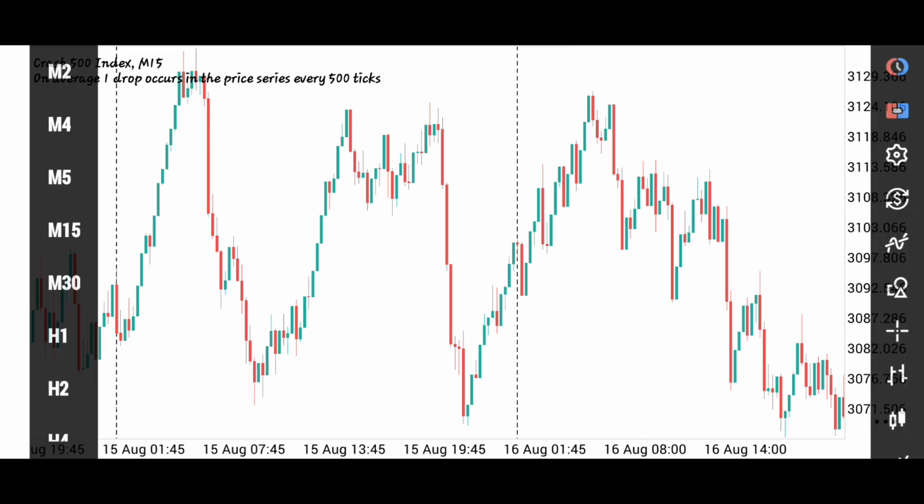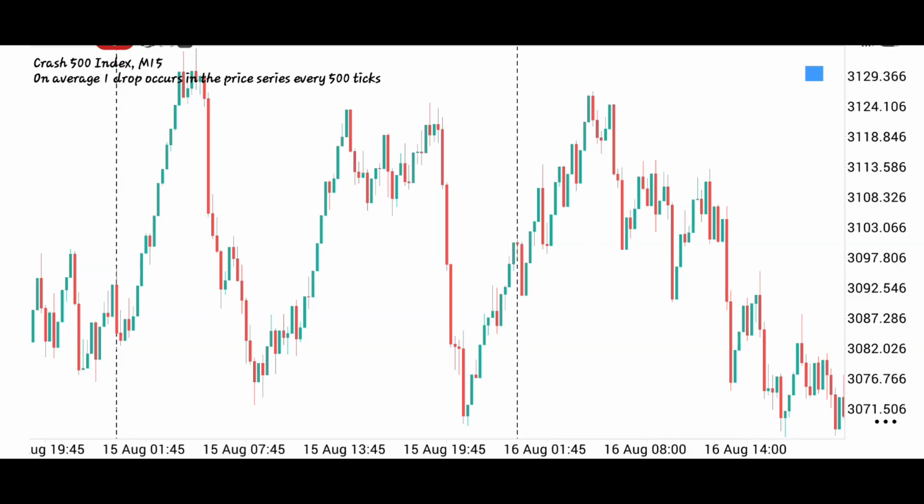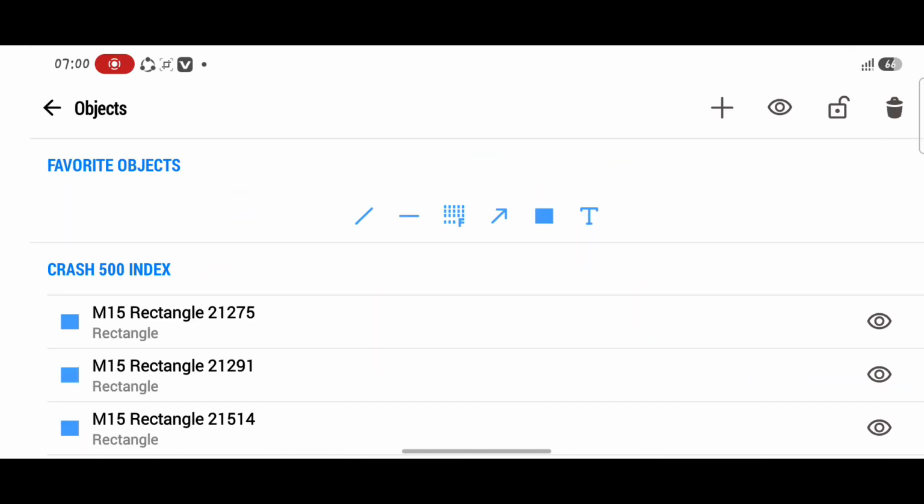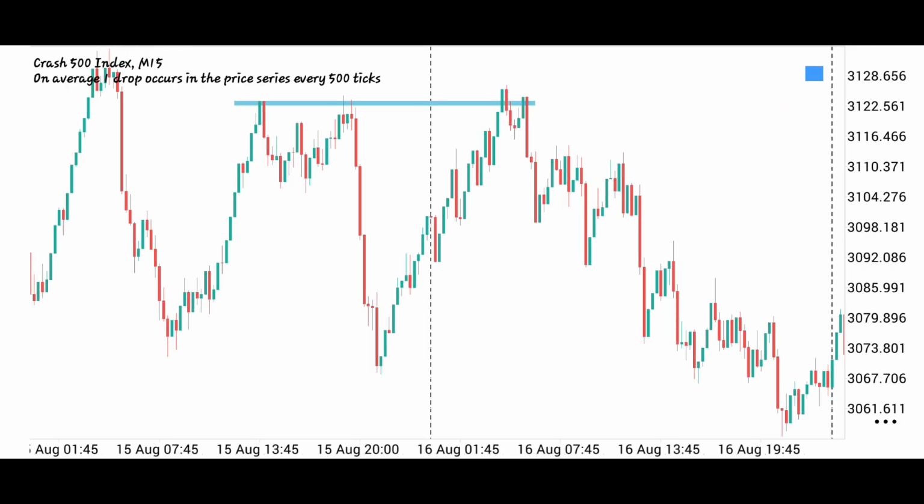Okay, so as you are checking on the 15th, you can see that we had liquidity here. That's our buy side. Then we also had sell side here.